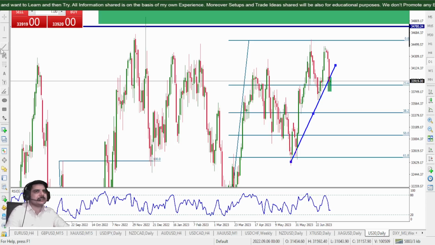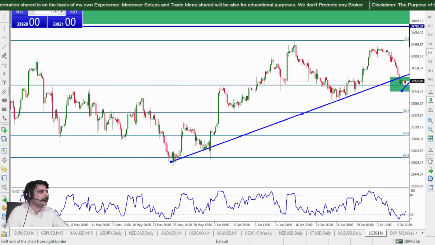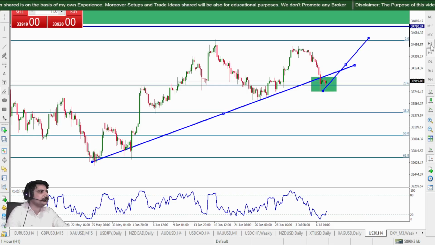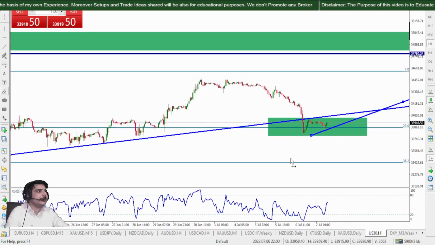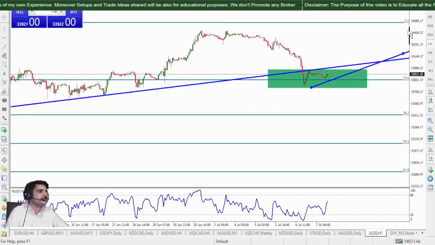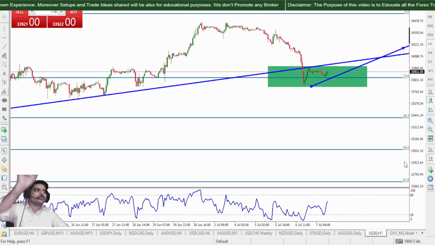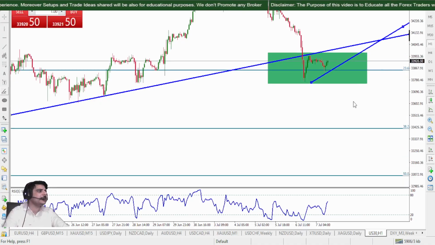Since it is showing me on the impulsive wave, this thing near 34,585, but definitely if I follow the H4, it is breakout retest kind of stuck in the market at the moment. On the H1, if we see, there is a very U type of U-turn right here at the moment.